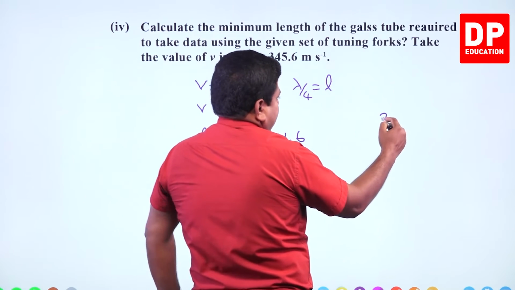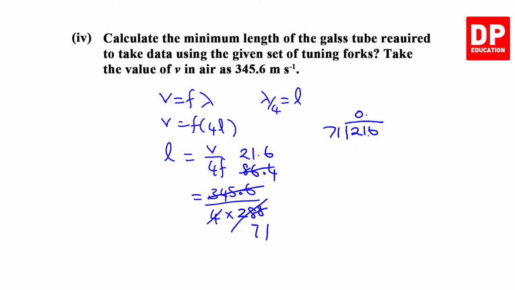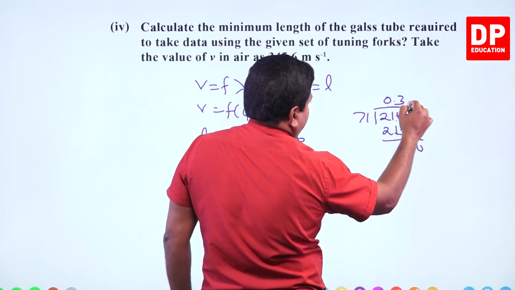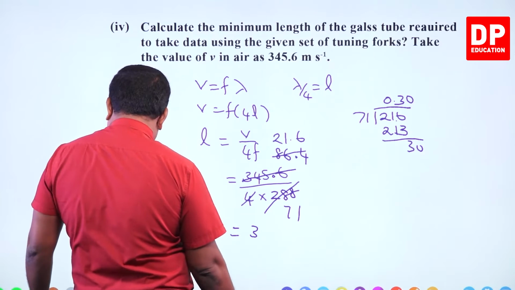Now 216 divided by 71, you have 3, 0.30. 0.30 meter.